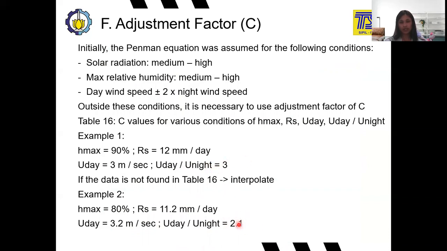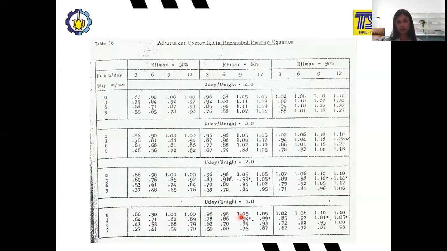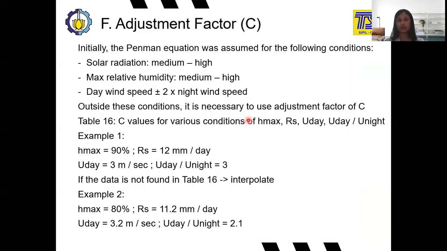Here we got the number of 2.1, which we don't have here, and we can use U-day per U-night equal to 2.0, because it's nearer to 2.0 than to 3.0. So you can interpolate it, or you can also use the data which is closer to the number that you got.